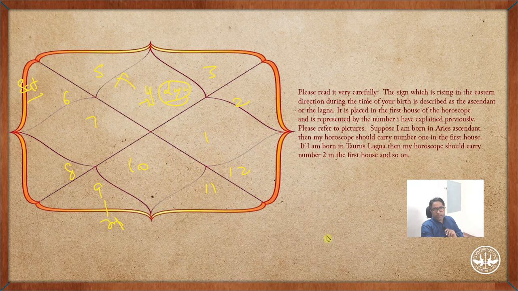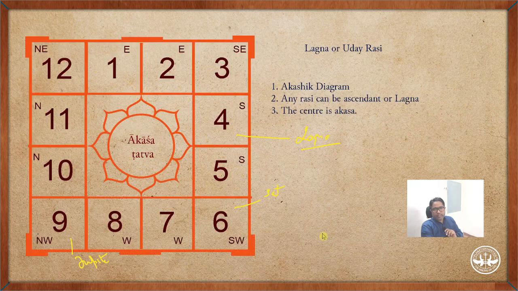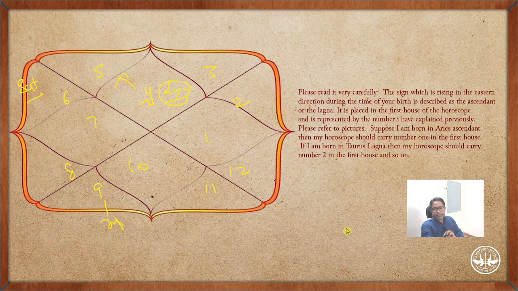In the South Indian chart, this is entirely different, because the houses are moving. In the North Indian chart, the houses are fixed, but the rashi numbers change according to the ascendant.